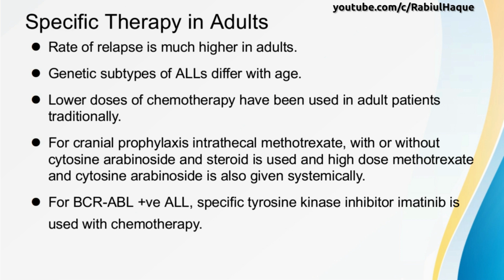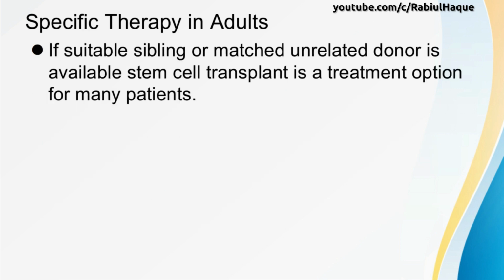For cranial prophylaxis, intrathecal methotrexate with or without cytosine arabinoside and steroid is used, and high dose methotrexate and cytosine arabinoside are also given systemically. And for BCR-ABL positive acute lymphoblastic leukemia, the specific tyrosine kinase inhibitor imatinib is used with chemotherapy.